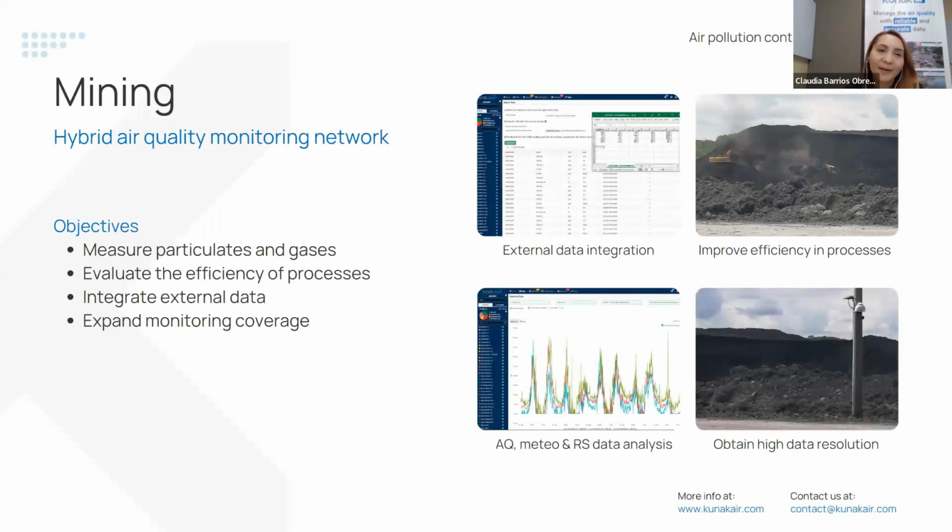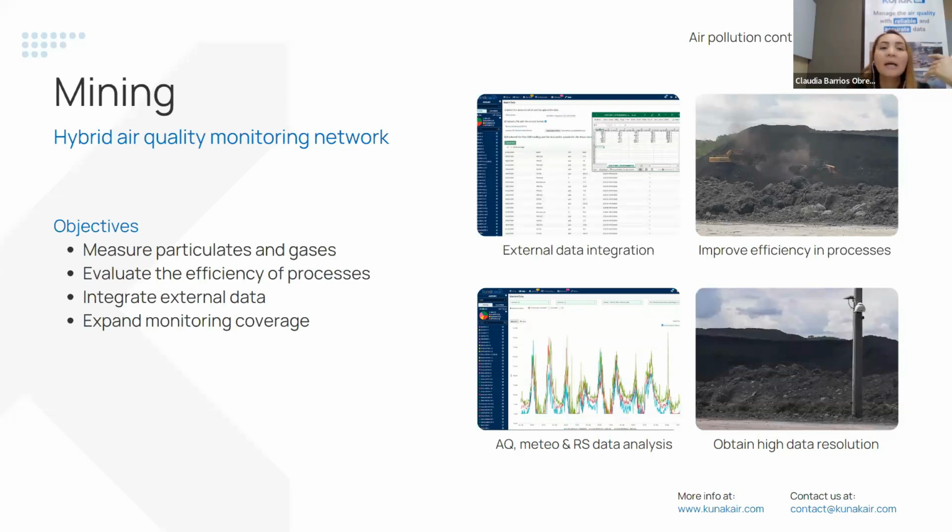Mining. We were approached to make possible a hybrid monitoring network in a coal mine. They were looking for a comprehensive air quality system that allowed them to measure particulate matter and gases during exploration activities, evaluate the efficiency of the control systems, integrate data from existing reference instruments, and expand the monitoring coverage, which we mentioned is a clear limitation of reference stations.